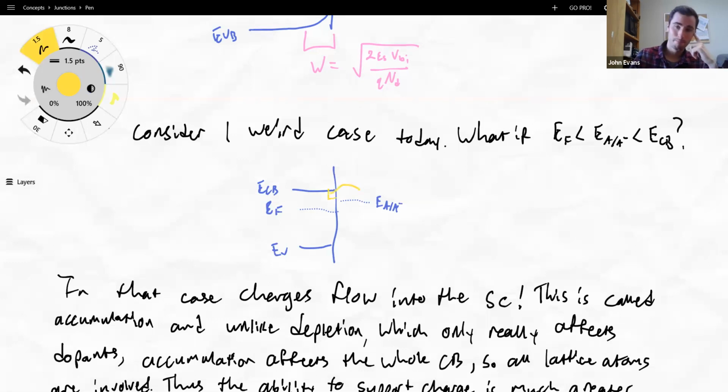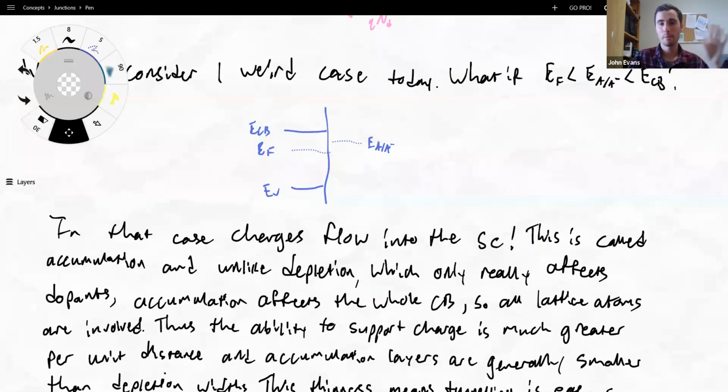They're going to flow this way, right? So this is called accumulation. Before we were pulling electrons out and depleting the semiconductor of its charges. Now we're going to add charges to the semiconductor, which means it's accumulating charge. So this is going to cause an accumulation layer or an accumulation width.